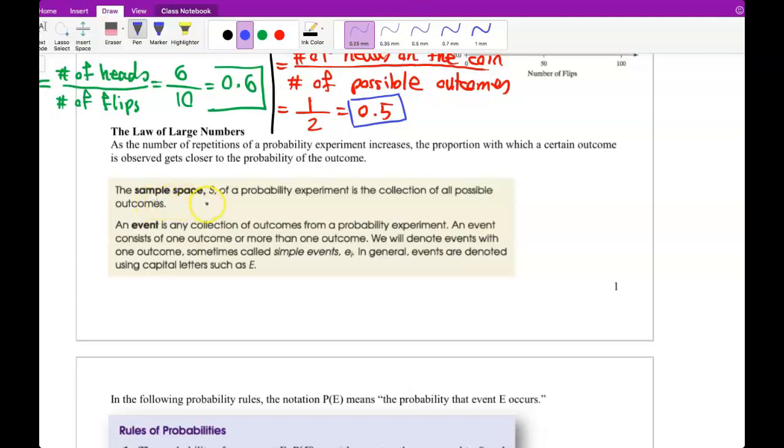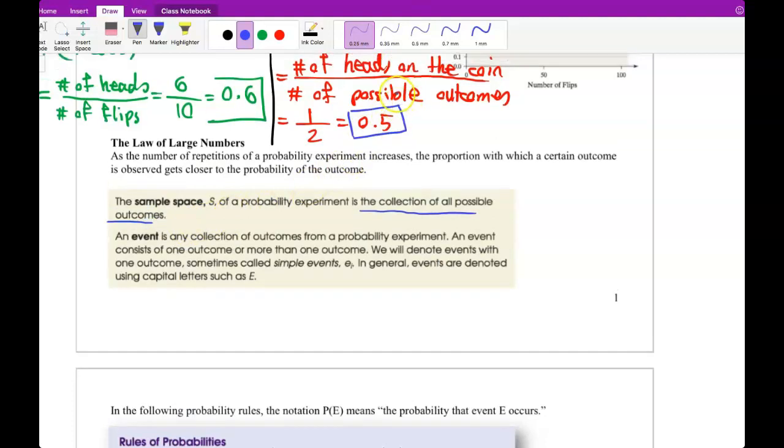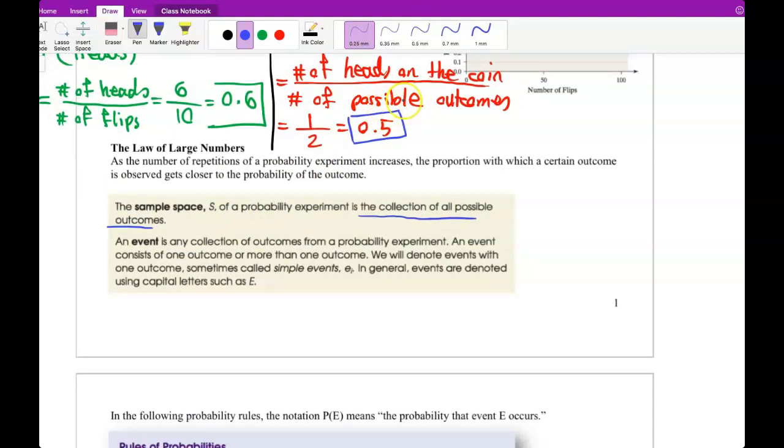Now the next part is sample space, shown with S, of a probability experiment, which is a collection of all possible outcomes. So what I used here in the denominator is actually our sample space. And an event is any collection of outcomes from a probability experiment. So an event consists of one outcome or more than one outcome. We denote events with one outcome, sometimes called simple events.